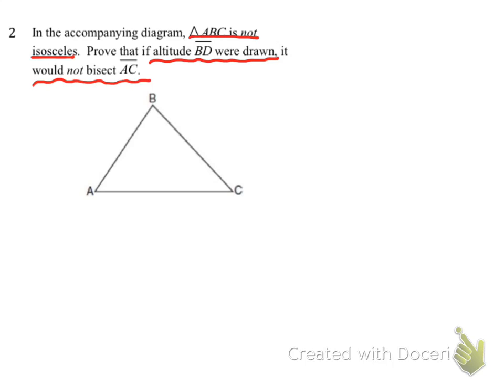Our proof statement is that it will bisect AC, so we're going to do the opposite.